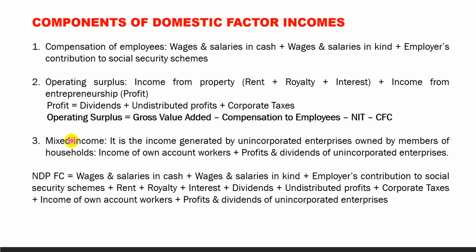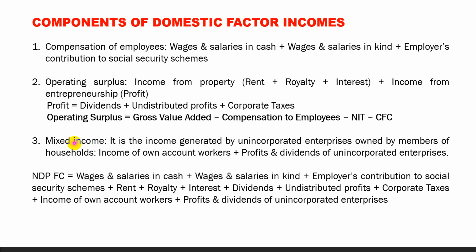Mixed income. It is the income generated by own account workers like farmers, barbers, etc., and unincorporated enterprises like retail traders and small shopkeepers, and those engaged in professions like doctors, lawyers, chartered accountants, etc. So it is known as self-employed income.